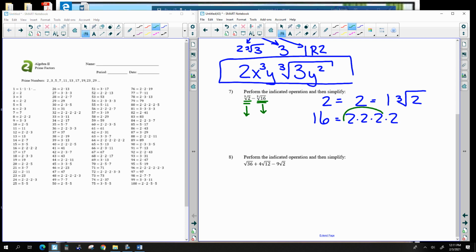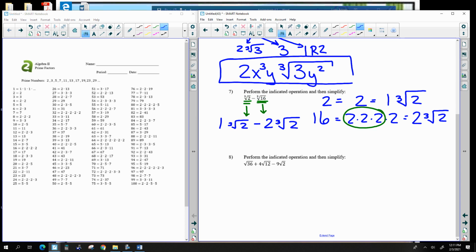So I can make a group of 3. That means 2 comes out with that grouping, but then I have 1, 2 left over, and the leftovers go on the inside. So upon simplification, I see that this is 1 cube root 2 minus 2 cube root 2.